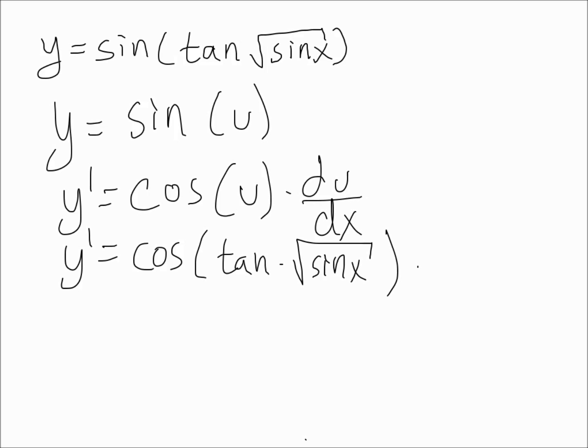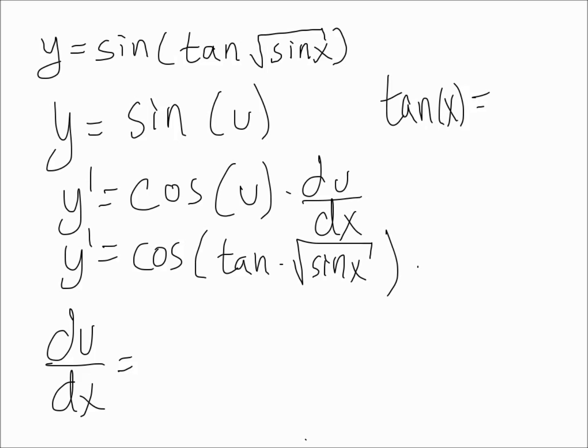So our du/dx would be, as you may recall from a previous video, the derivative of tan of x is 1 over cosine squared of x. In this case, we can consider the square root of sine x as our x.